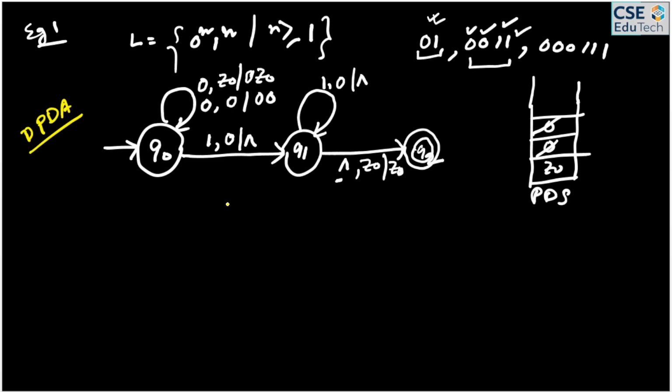Now we discuss non-deterministic pushdown automata, or NPDA. Here all the symbols have the same meaning as in the case of deterministic pushdown automata, with the only difference being the transition function.